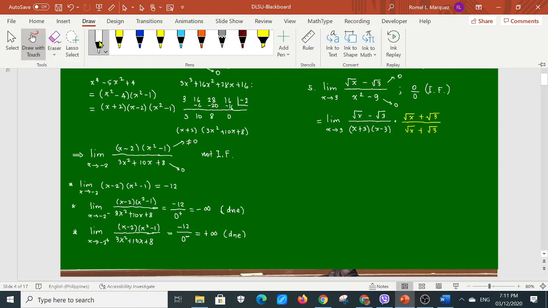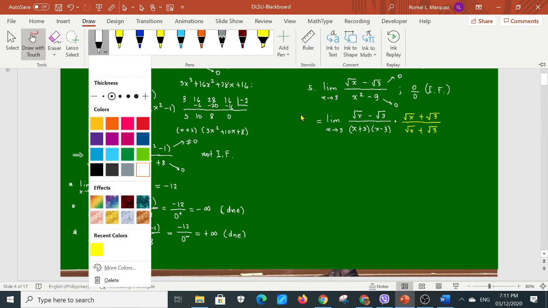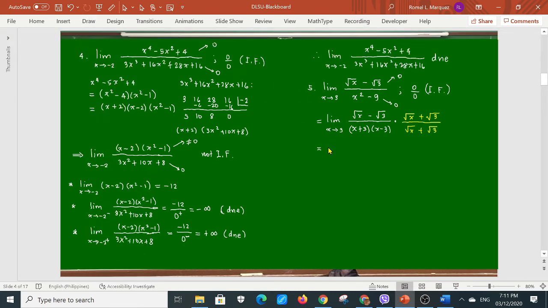So we can now multiply. Limit as x approaches 3. What's the product? In the denominator, we have x plus 3, x minus 3, times the square root of x plus the square root of 3.